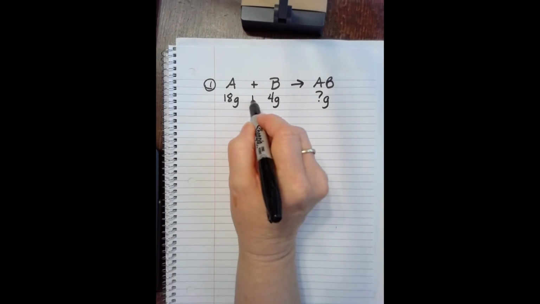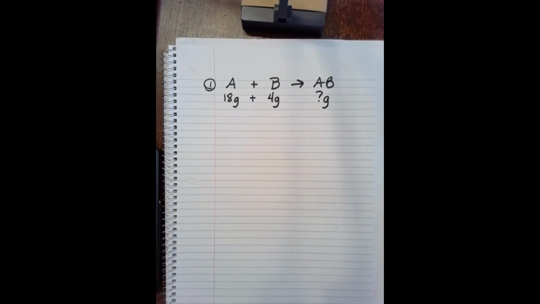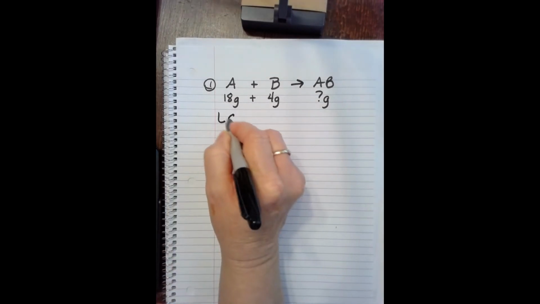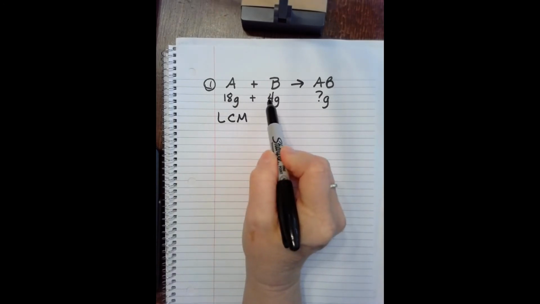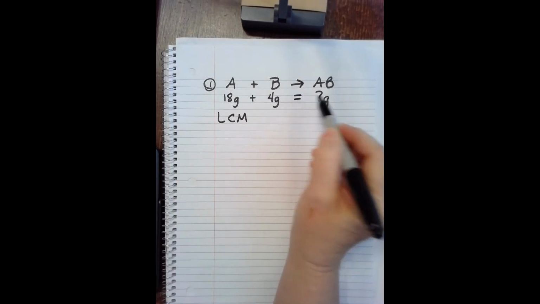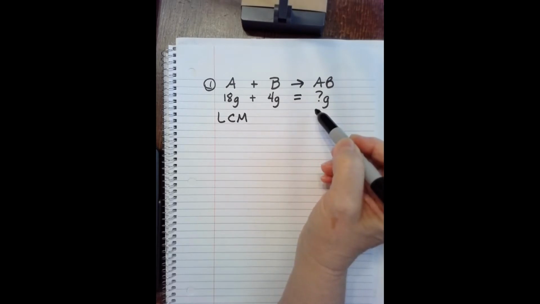So when we set it up real simply like that, it's very easy for us to see what we have, and the law of conservation of matter says that the mass of the reactants has to equal the mass of any product that we make.